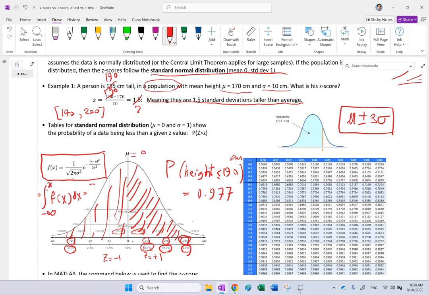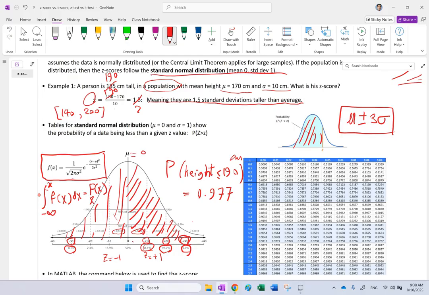Which we call the cumulative distribution function, CDF, instead of PDF. And that is the probability of being less than z, which is exactly this area that you see here. And those numbers, which we call the z-scores, are also shown for you over here.